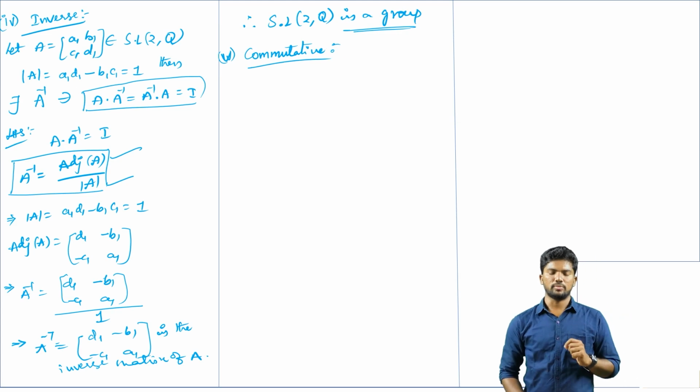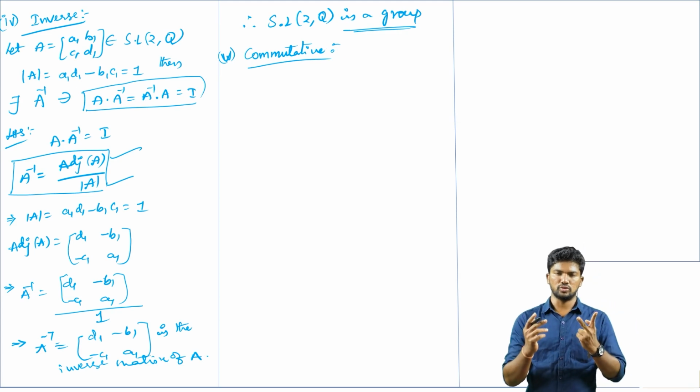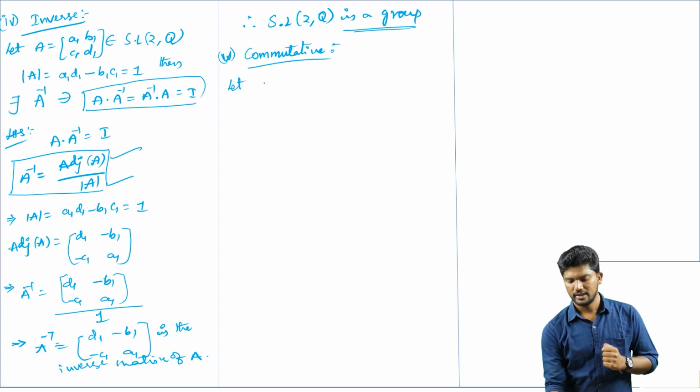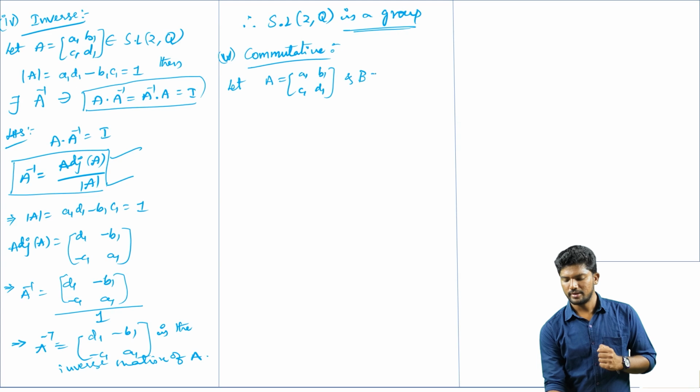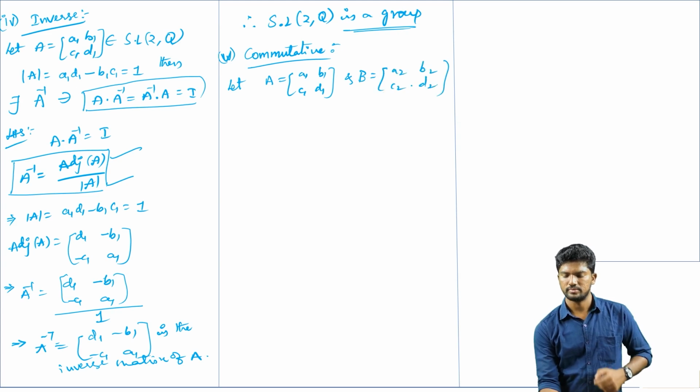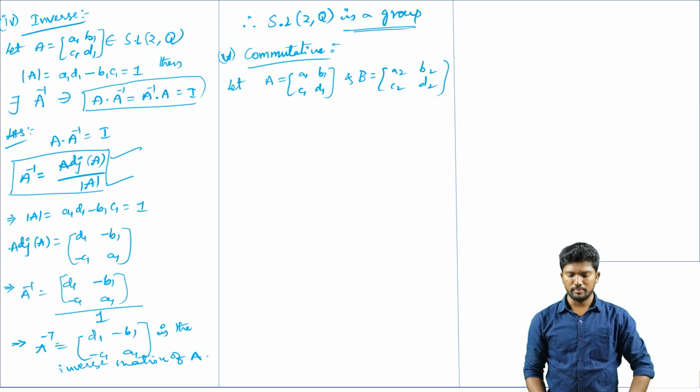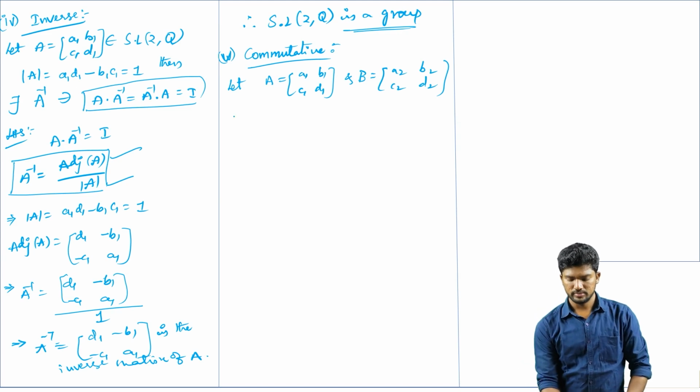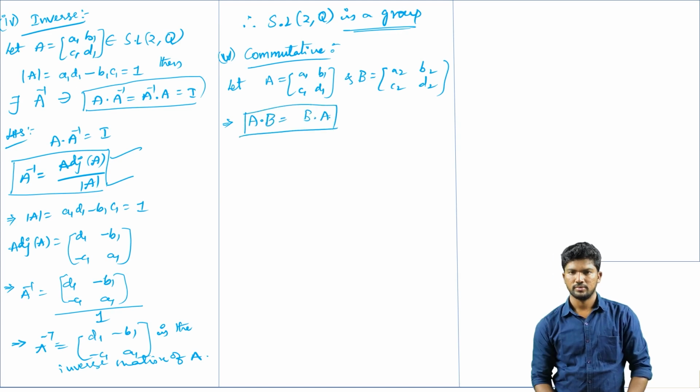So in this commutative property, again we are going to take two matrices. Let capital A be equal to A1 B1 C1 D1 and capital B be equal to A2 B2 C2 D2. Now I am writing the commutative property: A into B is equal to B into A. Now LHS.